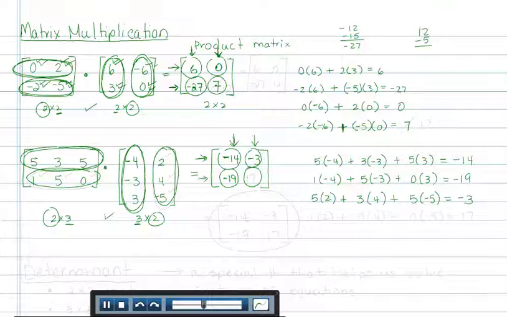And to solve for the last number, it's going to be row 2, column 2. So I'll be working with row 2, column 2. So it'll be 1 times 2 plus 5 times 4 plus 0 times negative 5.